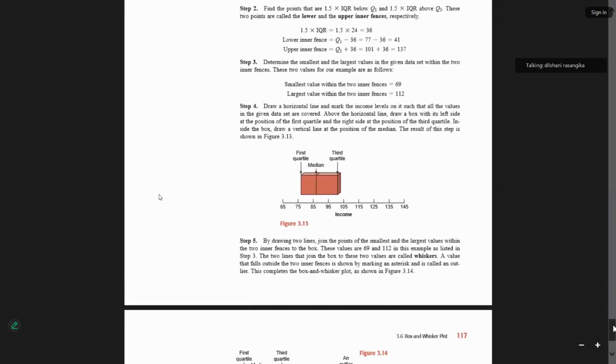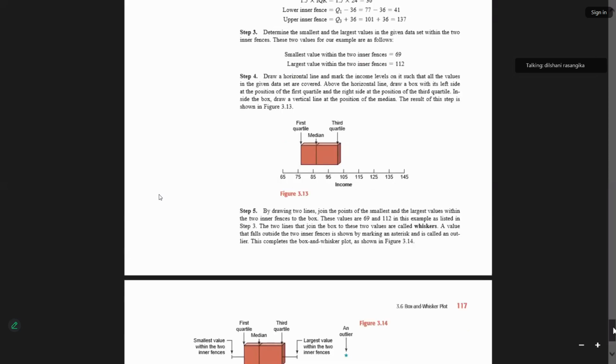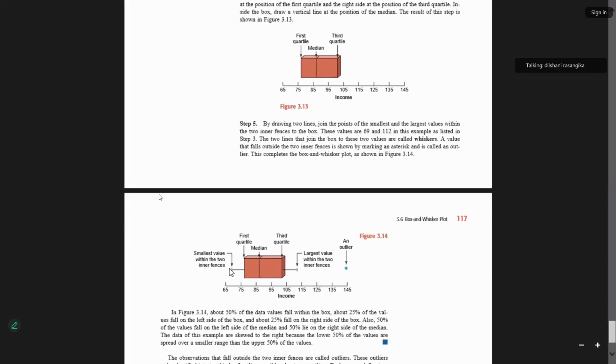Our inner fences are 41 and 137. So within these two values, we found the smallest and the largest value within these two fences. Then we can mark it using a very small dash, and then we need to connect it with the box, right?